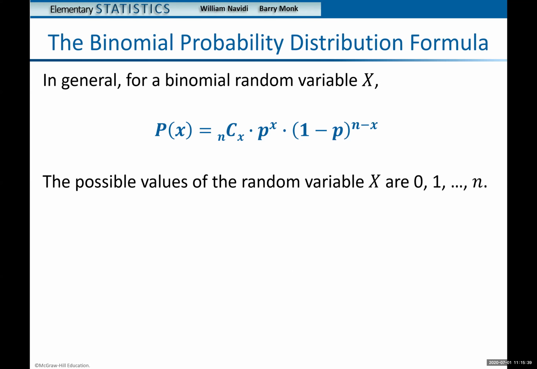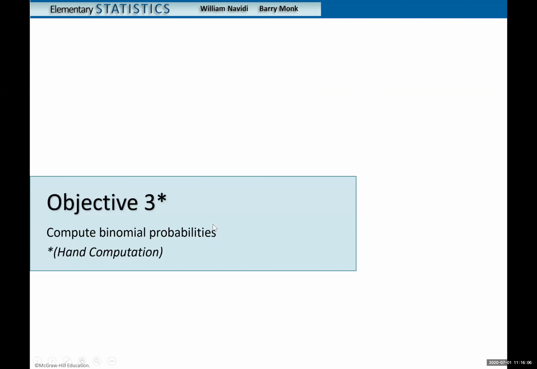We have a formula to compute the probability distribution. I don't want you to copy this because I'm not going to ask you to use this formula. We have a graphing calculator to solve this, and we skip 5.4 on computing combinations. So we're not going to use this. How do we use our graphing calculator?